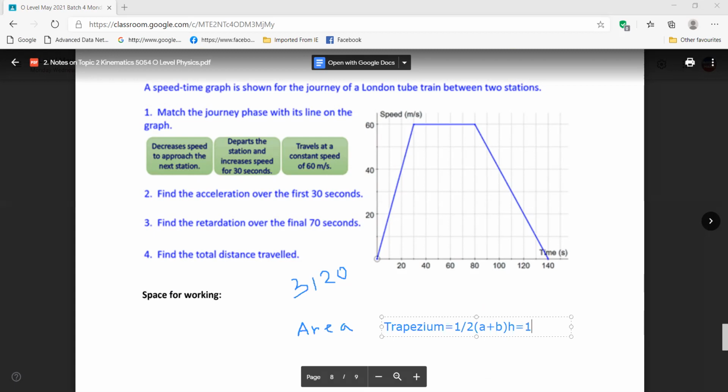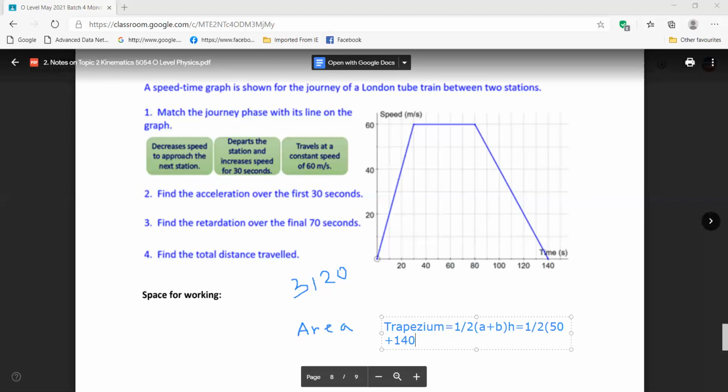So we put the values: half, then A plus B. What is your A? Sir, A is 50, the constant speed. Yeah, 50. This one is from 30 to 80, so it is 50. Very good. And B is how much? Sir, B is 140. Excellent.